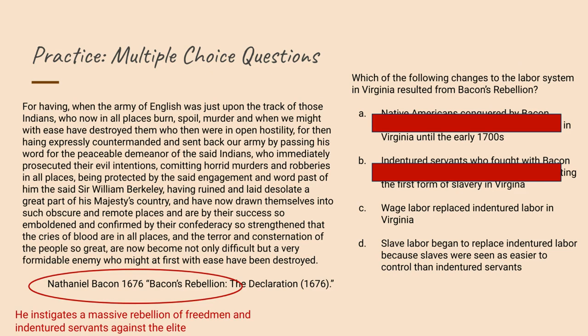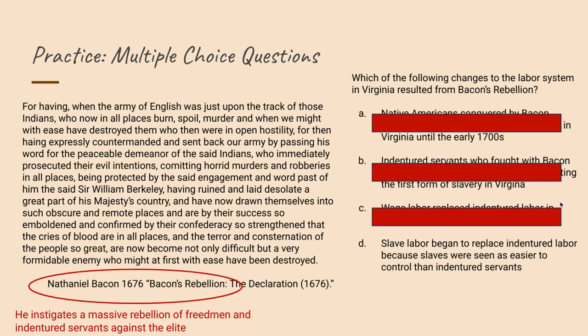It partly has to do with the fact that they don't want rival plantations. They don't want that type of competition. And so it wouldn't necessarily make sense to pay for labor when the goal of the planter elite is to continue making money. And so the solution to this problem is not introducing wages for indentured labor in Virginia.